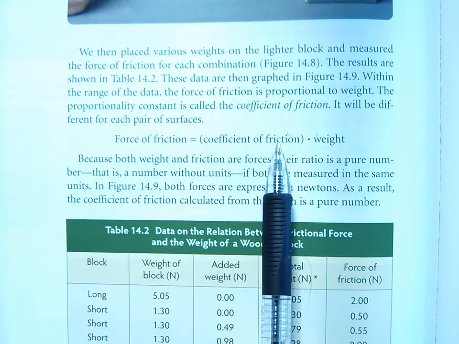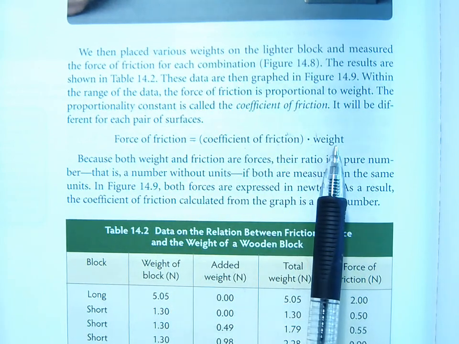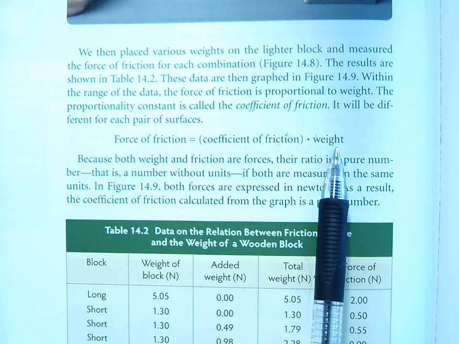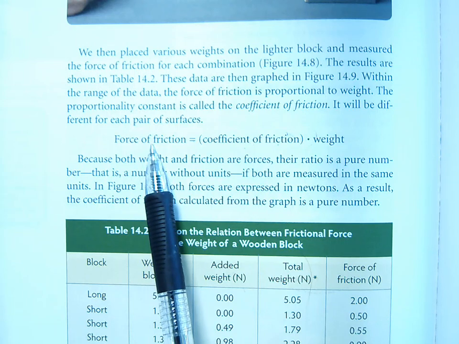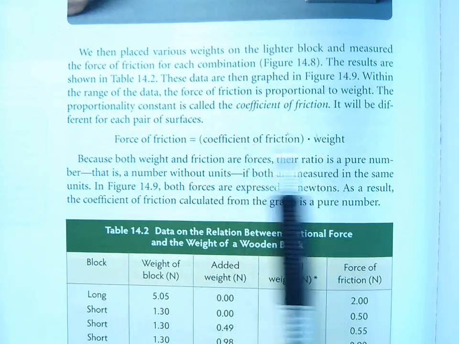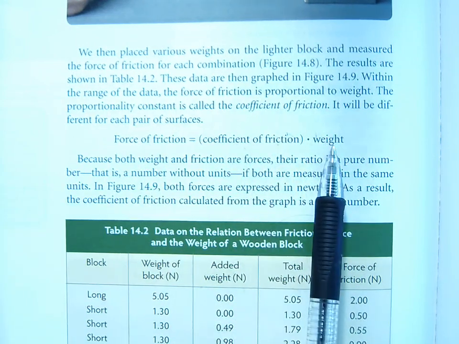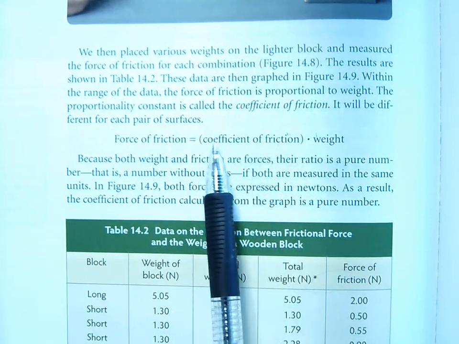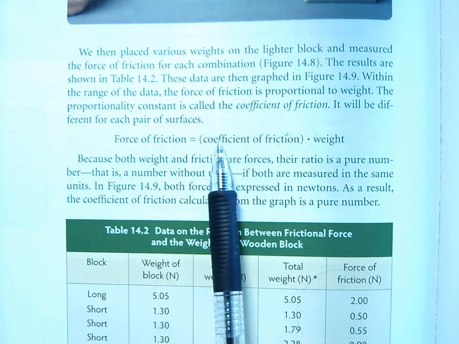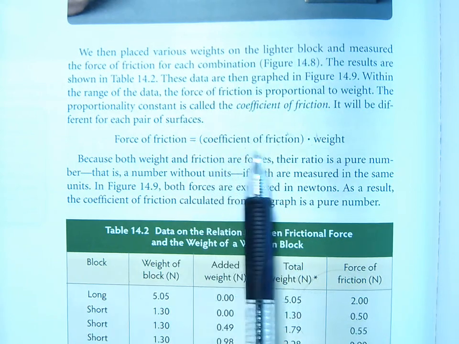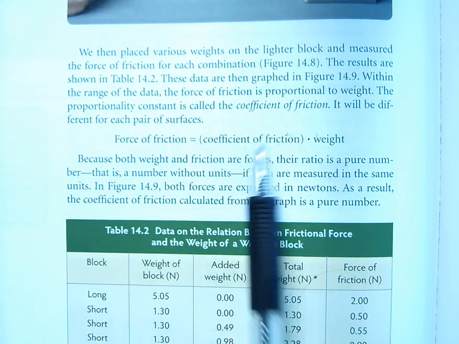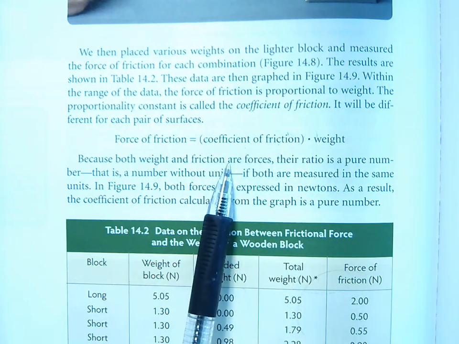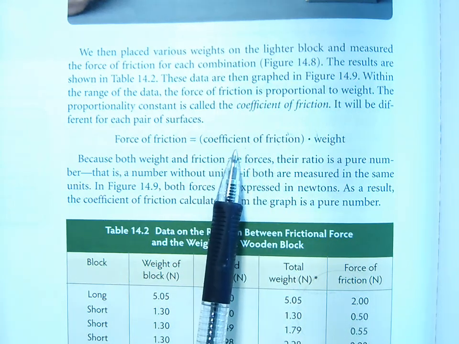So if we go back for a minute and think about what we know about the force of friction, we know that surface type affects the force of friction, and we know that weight affects the force of friction. We know that surface area has absolutely no impact on the force of friction. So if we're going to take those two factors into account, the weight will affect the force of friction, and then we account for surface type with this coefficient of friction, which again will be specific to the two surfaces involved.